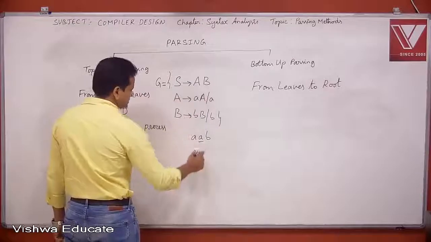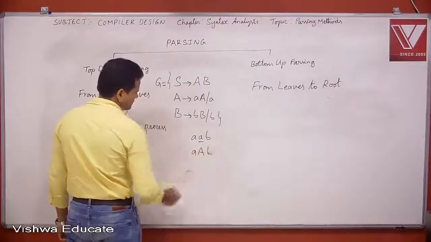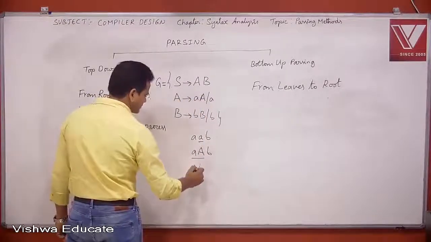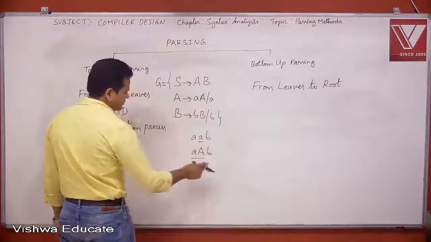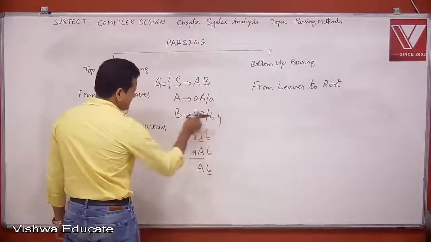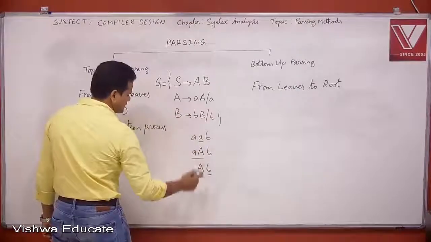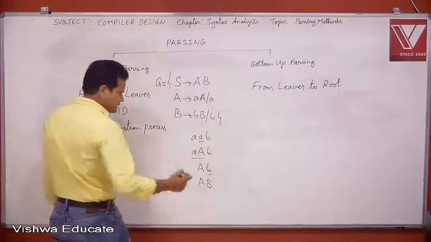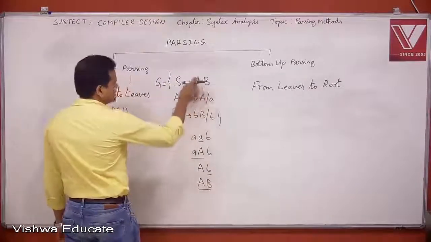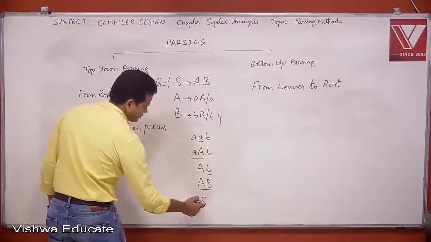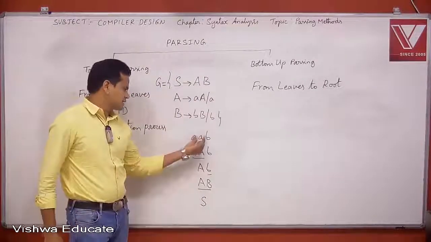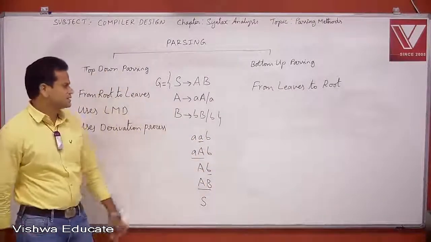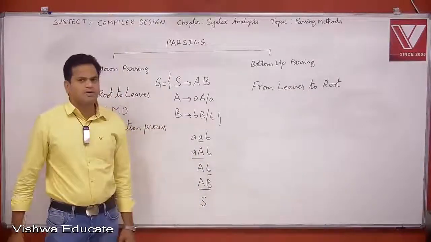The left side of the production, A. Next, AA, this AA will be reduced with the left side of the production, A. B, this B will be reduced with the left side of the production, that is B. Next, this AB will be reduced with the left side of the production, S. So we take the string and that string will be reduced to the start symbol. This is called leaves to root, the bottom up parsing.